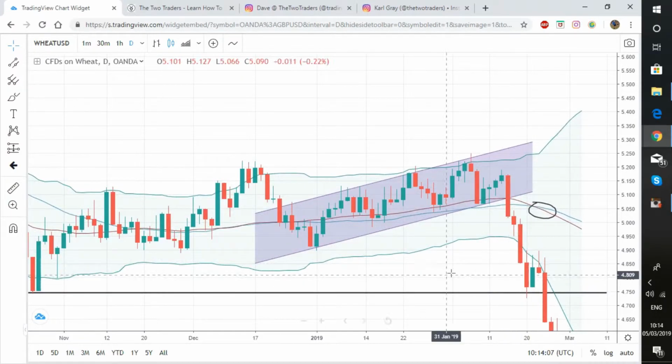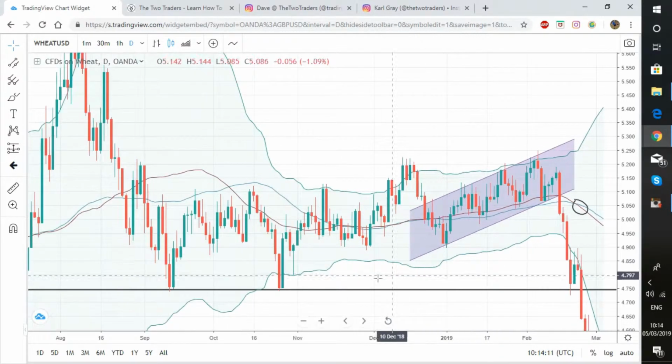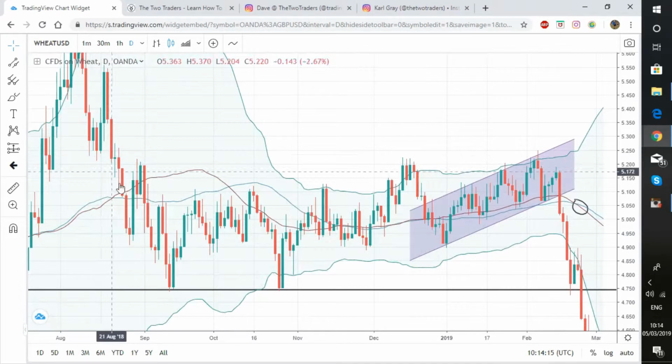Why not this one? Well, because if you look at this black line and we go back a bit, you've got these two significant support levels. It had come down all the way to here before and then rejected on the 13th of September and came back up. And the same happened here on the 26th of October.